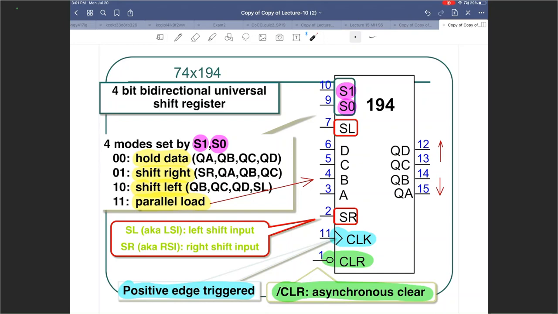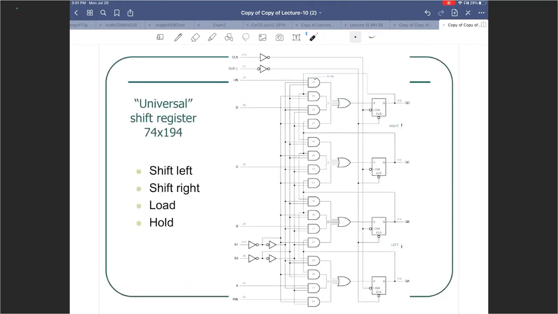All right. So given all of this, let us take a look at the internals of the universal shift register. Even though this diagram might look very overwhelming, in reality, it is a bunch of 4:1 muxes. So it is repetitive.